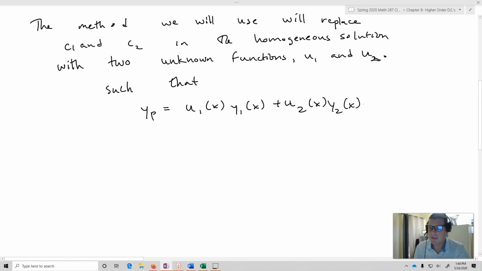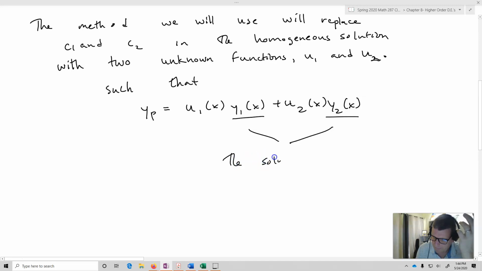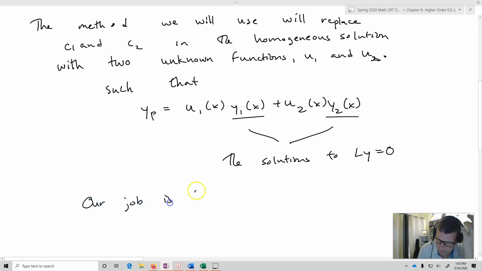We've already been given solutions y1 and y2 when we solve the homogeneous part. Our job is to find u1 and u2, and we're going to do that with this method of variation of parameters.